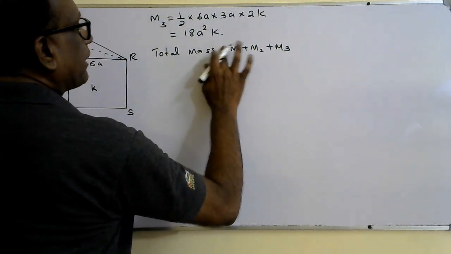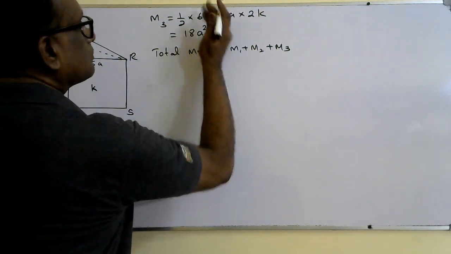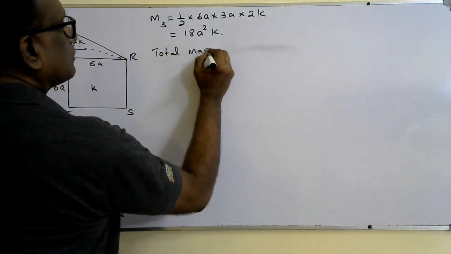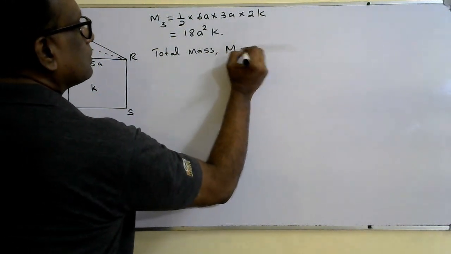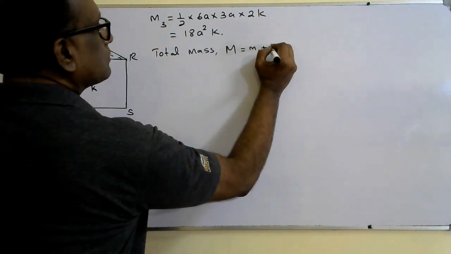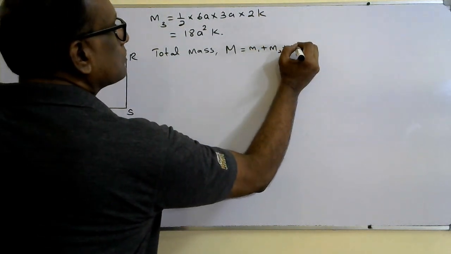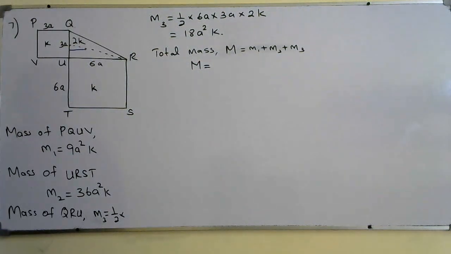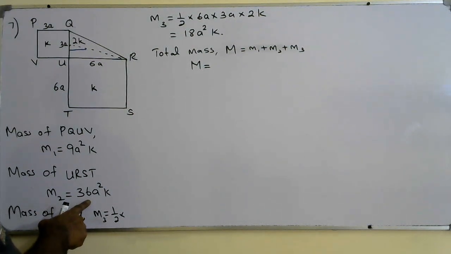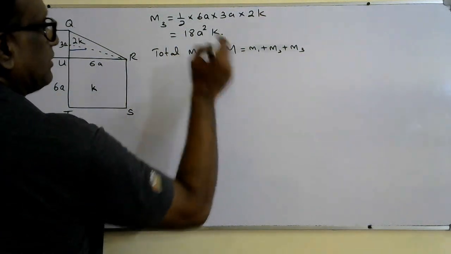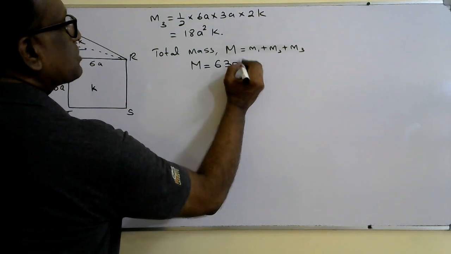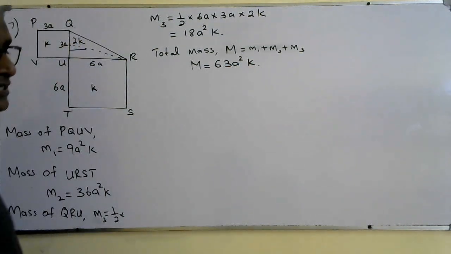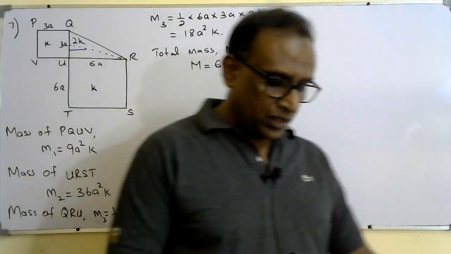M1 is 9A squared, M2 is 36A squared, so it's 45A squared, and with M3 it is 63A squared K. That's the total mass of the given lamina.